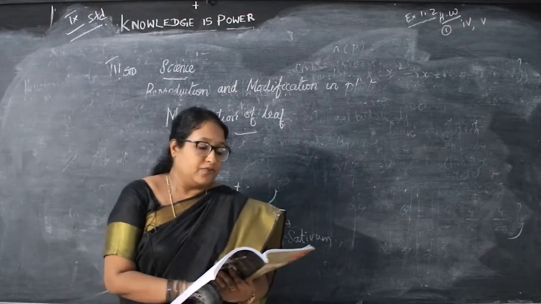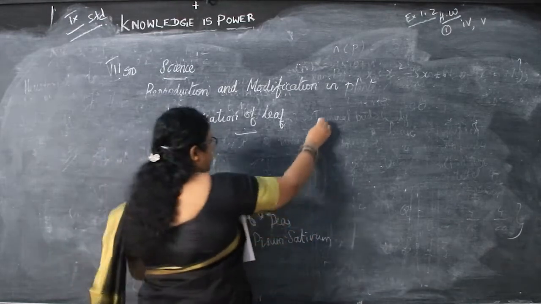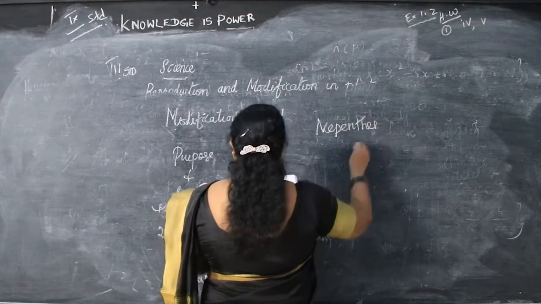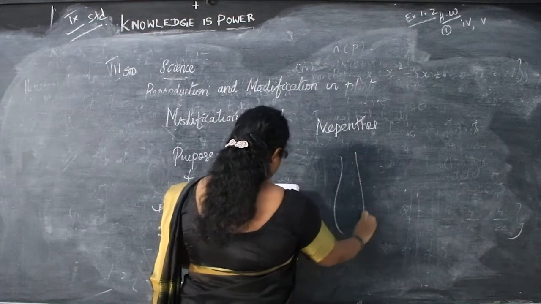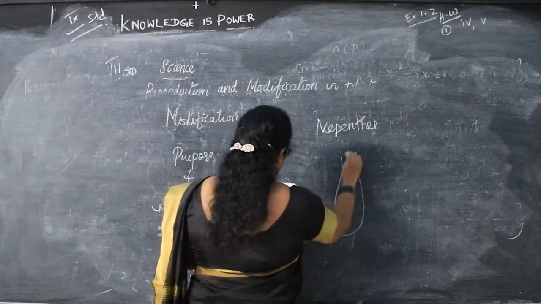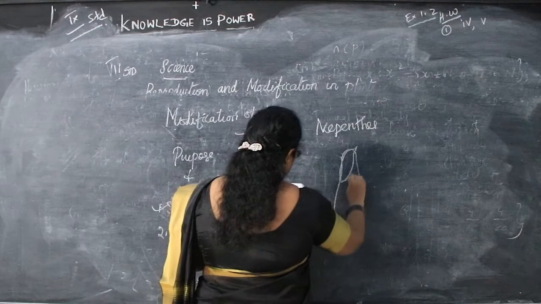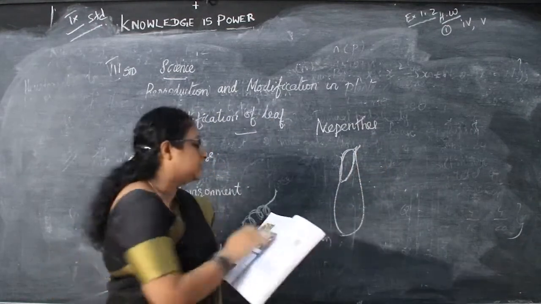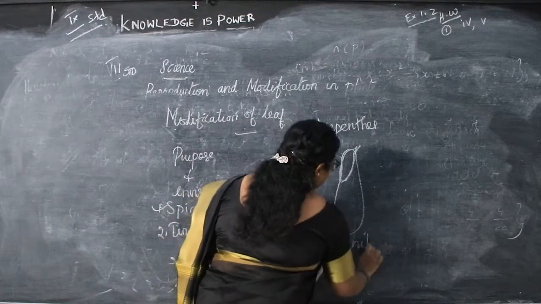Then traps. For example, take Nepenthes. It is a flask-like structure. These are plants that grow in nitrogen deficient places.